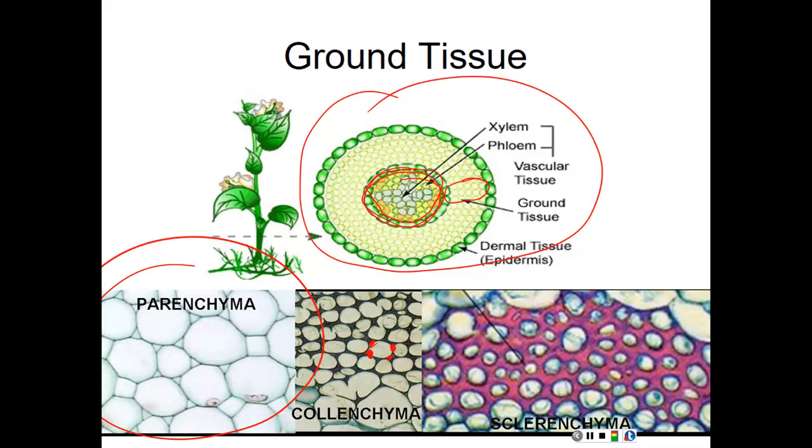So these have highly thickened secondary walls. Many are actually dead at maturity. And there are two types. There's what we call fibers, which are elongated cells that provide rigid support.